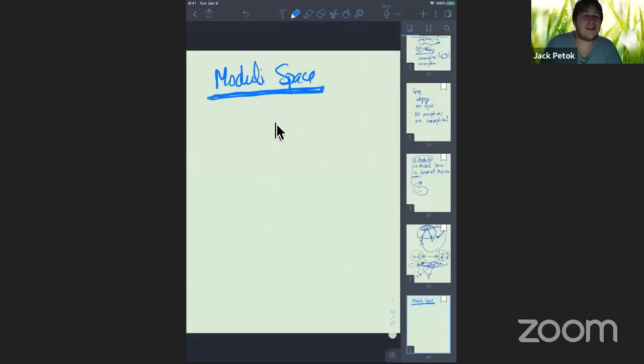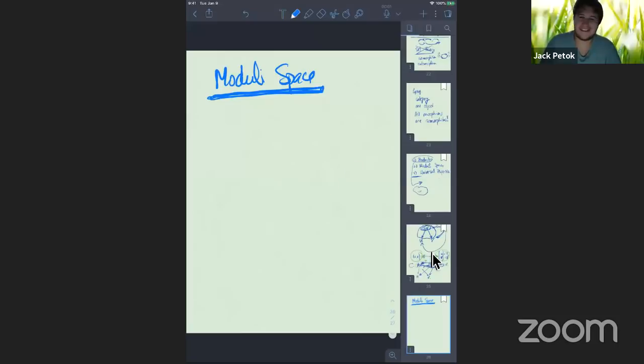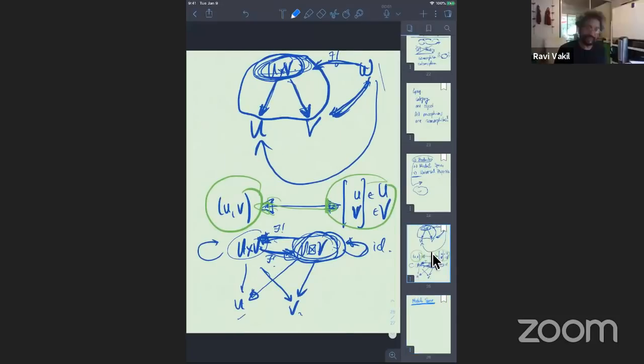Sorry, some people are saying sometimes you point to things and the pointer doesn't track. Yes, that is because I'm pointing with my pencil and you cannot see my pencil on the screen. That is a very good point. Let me restate this and see if this helps. Is that just going to be a lost cause?